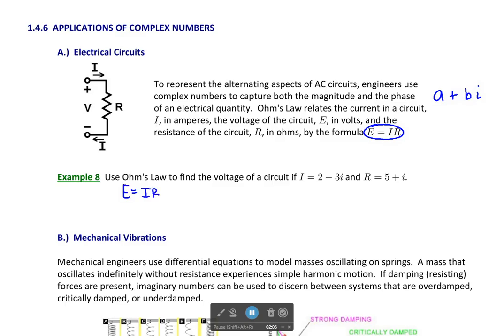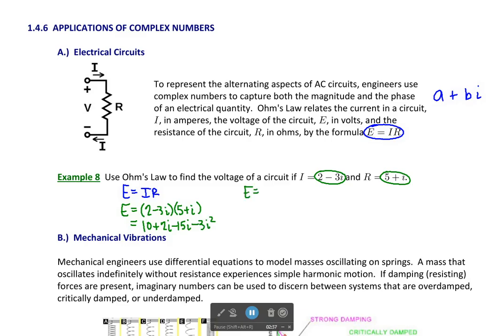We're looking for the voltage E, and we know the current I. So we're going to plug in this complex number, 2 minus 3i, for capital I. And we're going to replace R, the resistance, with the complex number 5 plus i. If we FOIL these two complex numbers together, we end up with 10 plus outside terms 2i, minus inside terms 15i, last minus 3i squared.